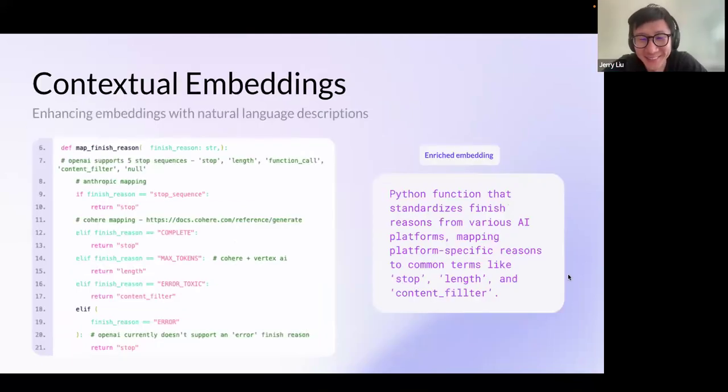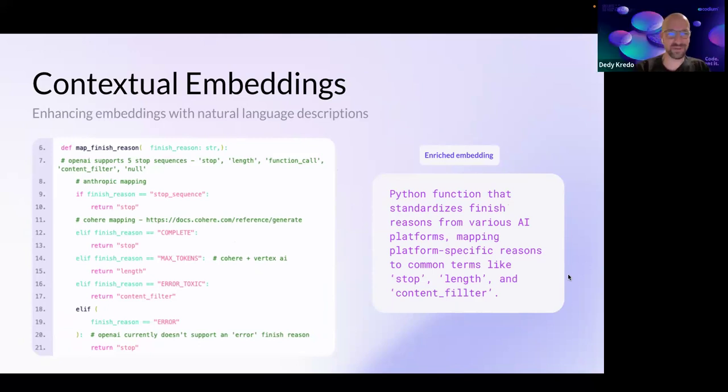Okay, nice. Basically, part of the process is that before we index, we generate a description for each code chunk, and that also gets an embedding. So we enrich the embedding with a free-form, natural language description of the code.